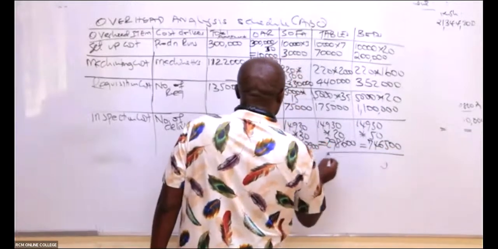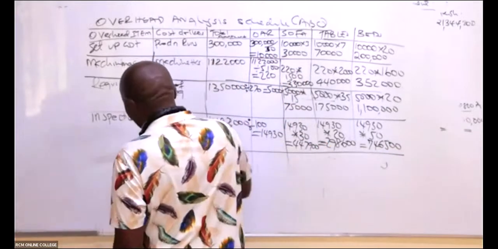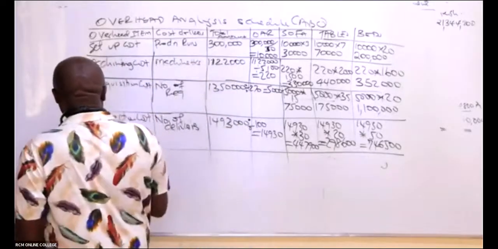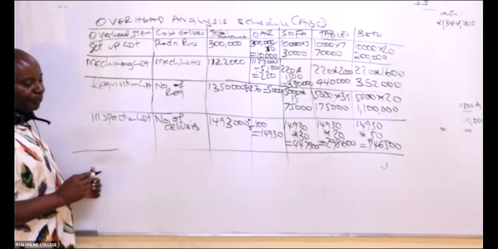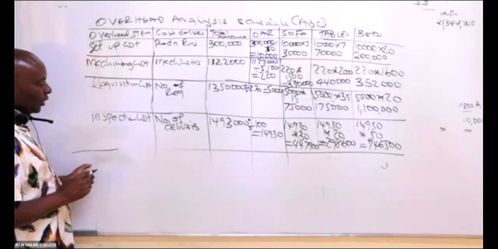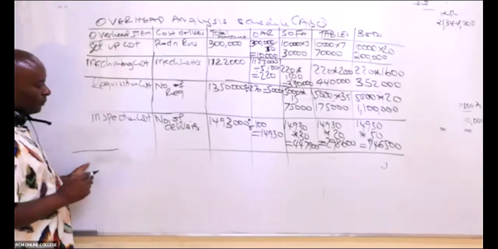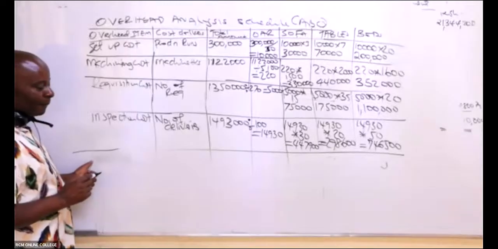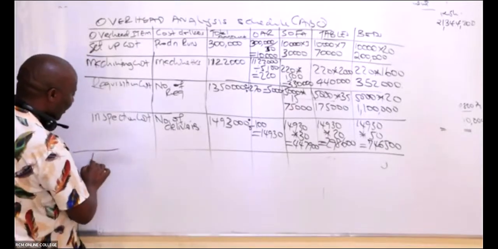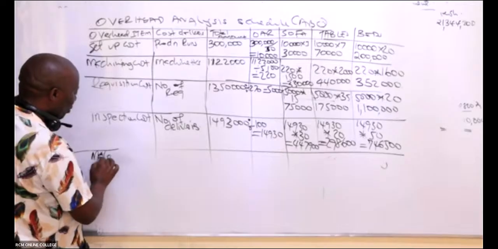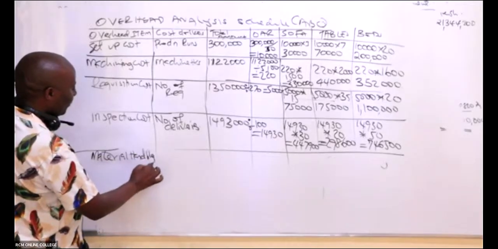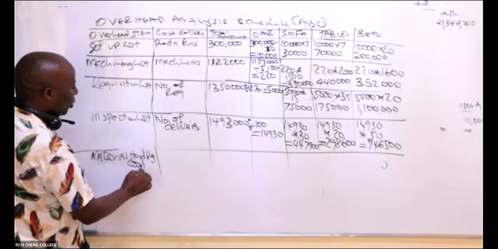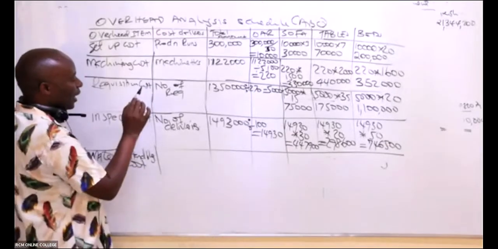Is that all, or do we still have other cost items? We have one more to go. What is the name of this last one? Material handling costs. So for material handling cost, what is the cost driver name?